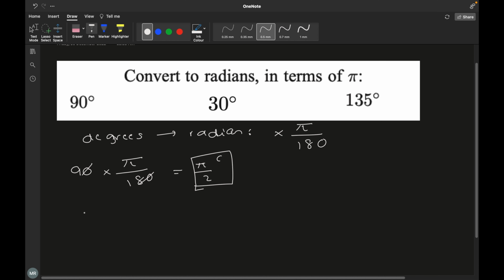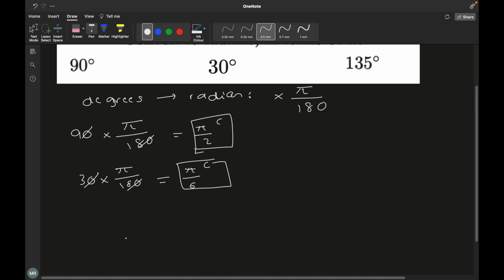The second one, that would be 30 into pi by 180. That's going to be pi by 6 radians. This is our second answer. And the third one, 135 into pi by 180.